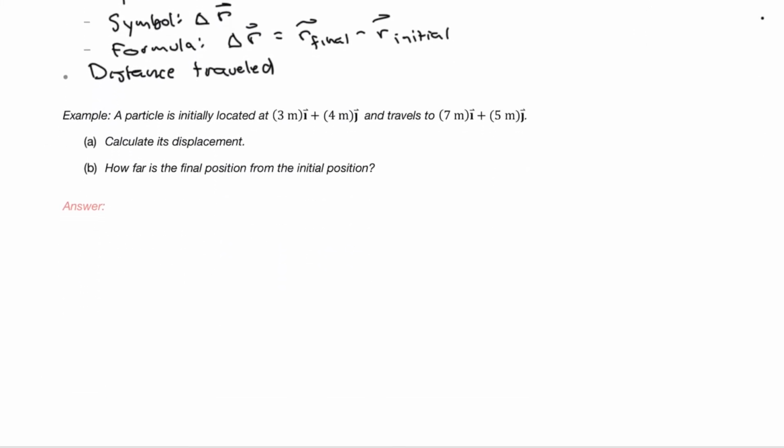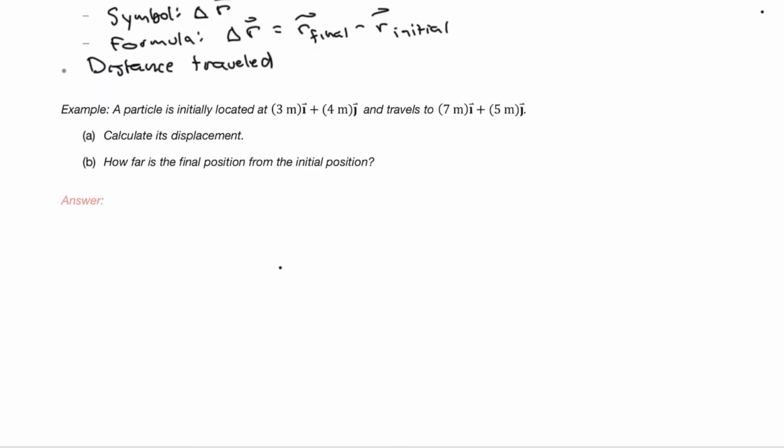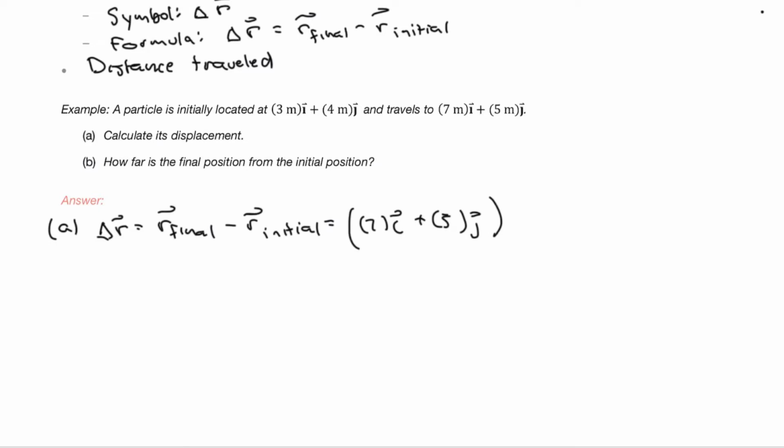Let's go ahead and look at this example. In this example, we're given the position of a particle initially and at the end. What we want to find is its displacement. So we apply our formula, delta r is equal to r final minus r initial. And our final position, well, we just plug that in as a vector, 7i plus 5j.